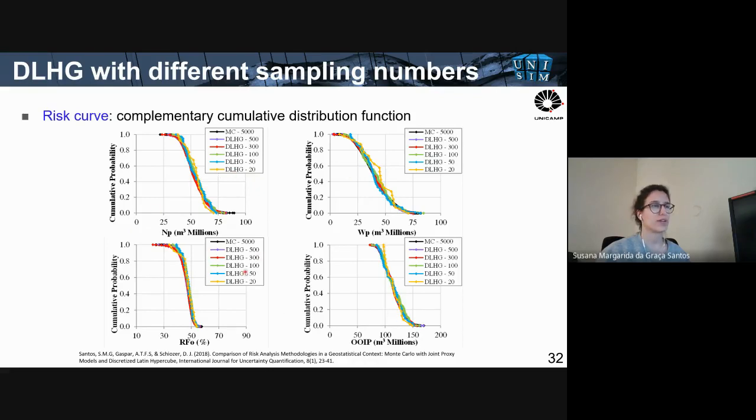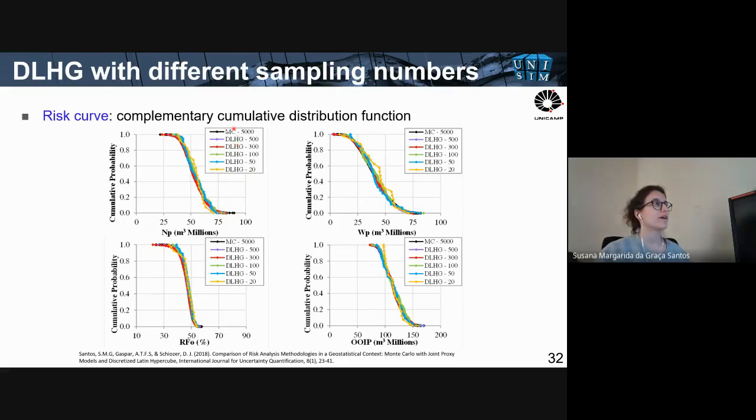These are risk curves. By the way, I forgot to tell you, I think we have a slide better in the front, but the idea is that this risk curve is also called in the literature the complementary cumulative distribution function. I'm sure some of you have heard about the CDFs, cumulative distribution functions, and they're probably plotted like this, the other way around. In our case, this curve is constructed using each dot here as one model.